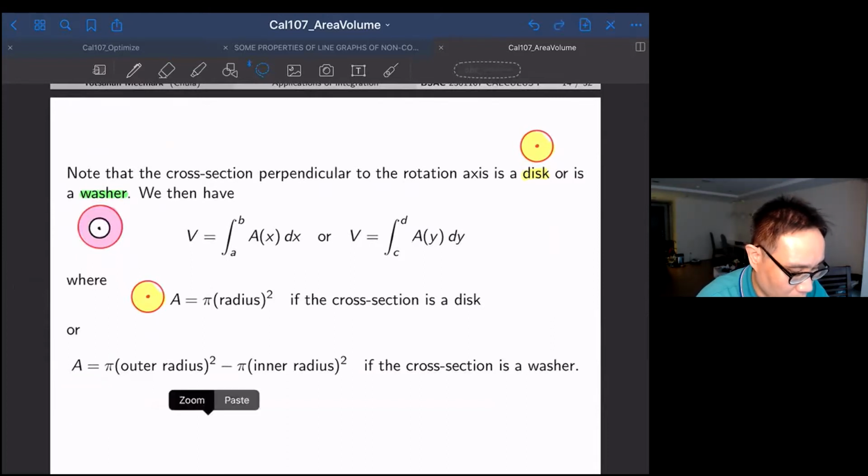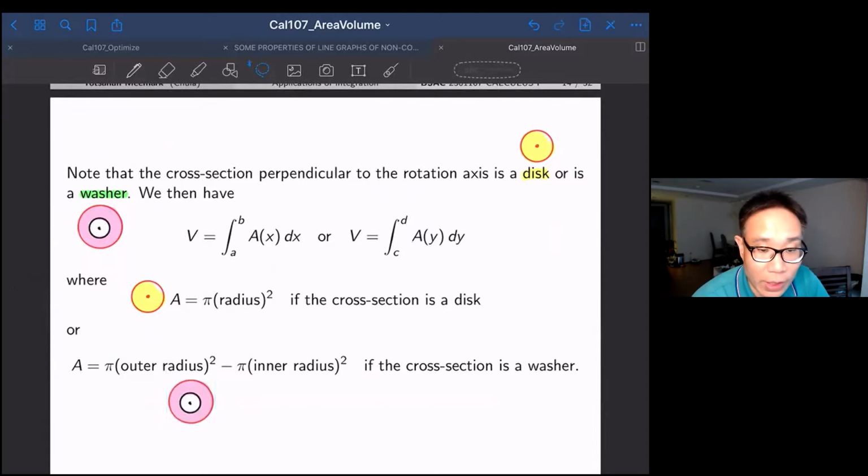Let me put it in the middle, it's going to be nicer like this. This is if the cross section is the washer.